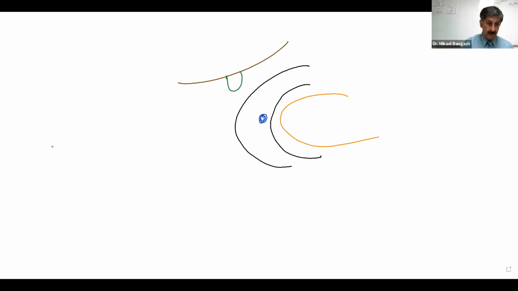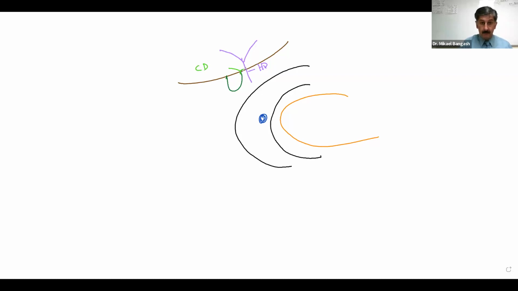Now what we will have are ducts coming from the lobes of the liver, which we call the hepatic duct. We will have a duct coming from the gallbladder, and we call that the cystic duct.